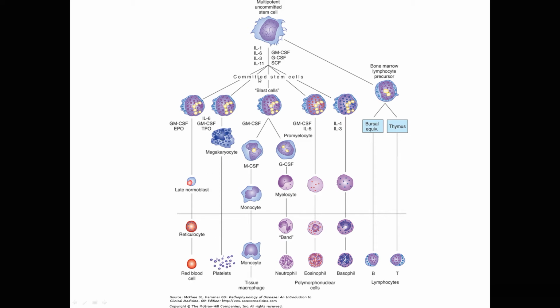It is regulated by a lot of cytokines, interleukins, colony-stimulating factors, especially for megakaryocyte production, interleukin-6, granulocyte-monocyte colony-stimulating factor, and thrombopoietin. The disorders are quantitative and qualitative. The quantitative disorders include increased counts, thrombocytosis, or decreased counts, thrombocytopenia.